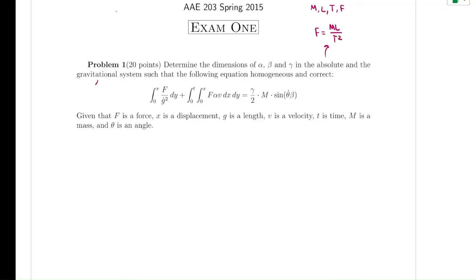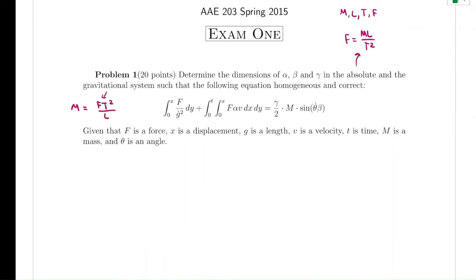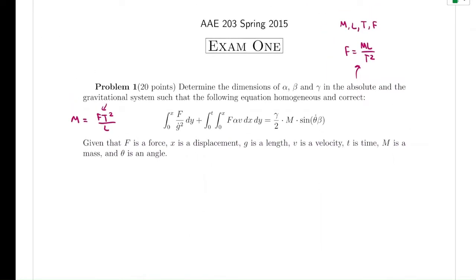And the gravitational system is where you express mass in terms of force, length, and time, so we have force times time squared over length. That's just what they mean by the absolute and gravitational system. So if we have a force, we would express it all in terms of M, L, and T fundamentally.